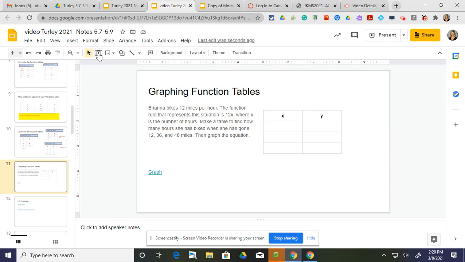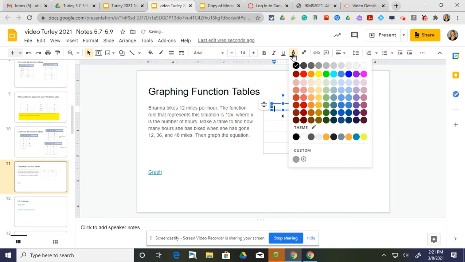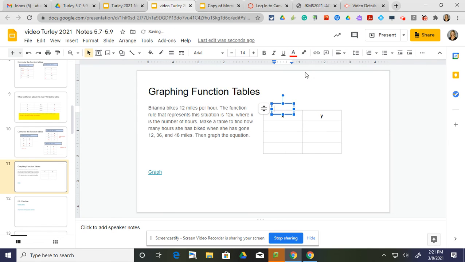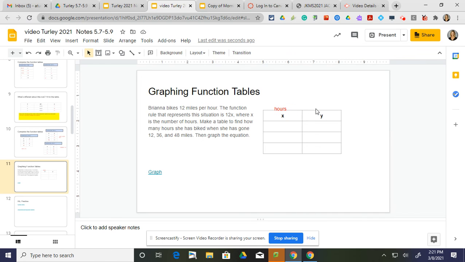Okay, so I'm going to put a little reminder, this is the number of hours. And then the other one is the number of miles. So the miles goes here for our y.